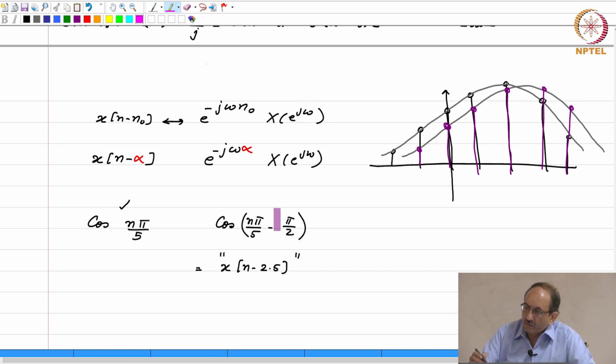And the only thing that at this point you do not know is, right now omega is continuous, whereas in a computer implementation you have to implement it as samples. That is, the transform cannot exist on a continuum of values from 0 to 2 pi, it has to necessarily be sampled, and that we will come back to towards the last part of the course. So only that step may not be clear to you.